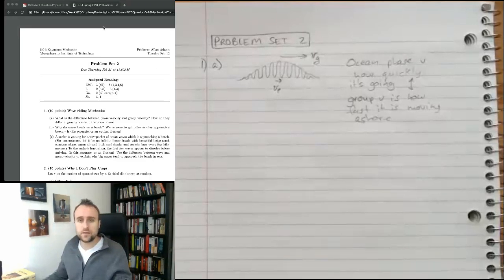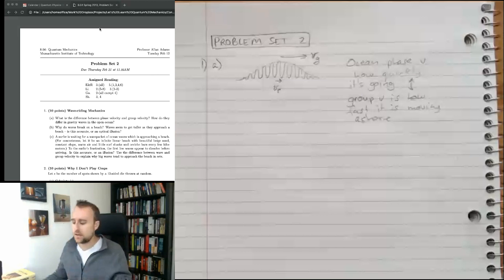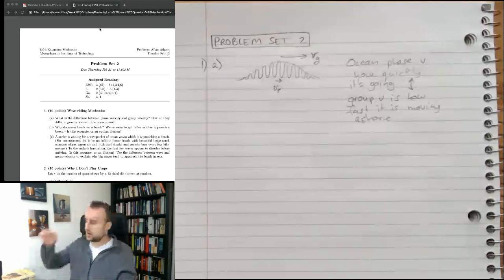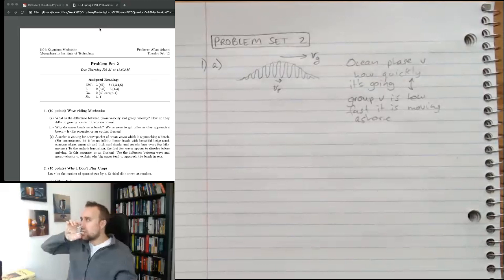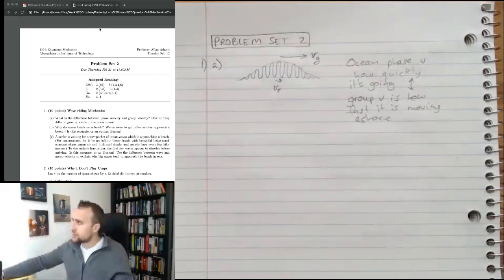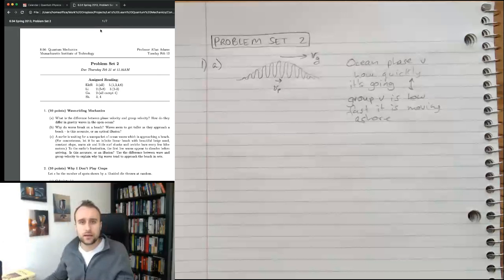I do like to test myself on the problems and really push myself as much as I can, but at the same time, waiting too long to get feedback, struggling on something when you could get the answer, does somewhat frustrate the learning process. So let's look at the solution.